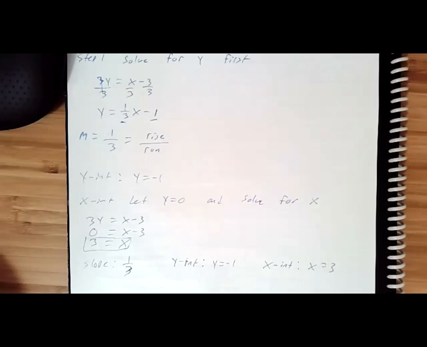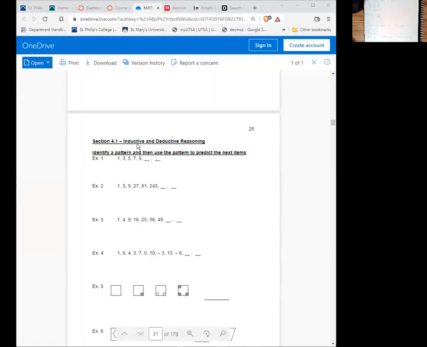Okay. Let's move on to 4.1 then. 4.1, I think, starts off pretty chill. It's about patterns. So 4.1, inductive and deductive reasoning. So identify the pattern and then use the pattern to predict the next items.